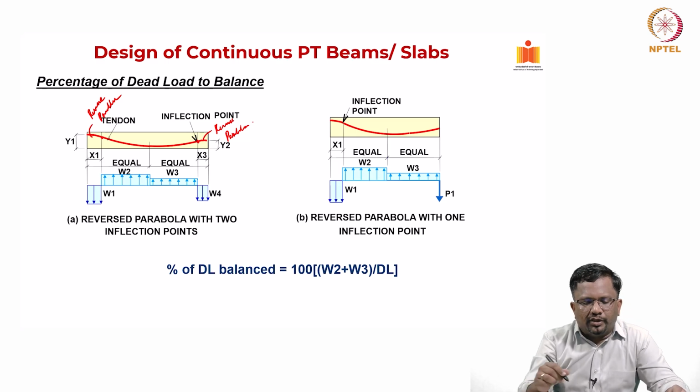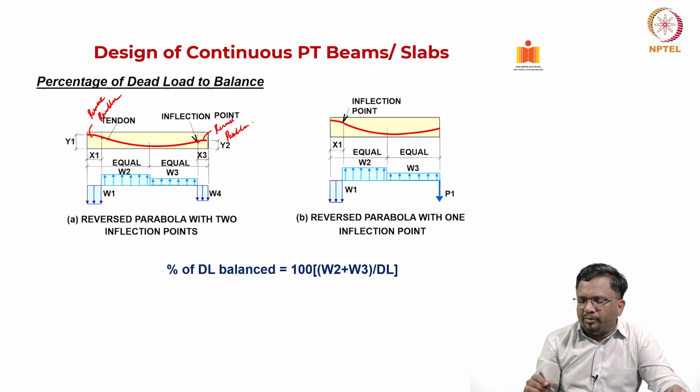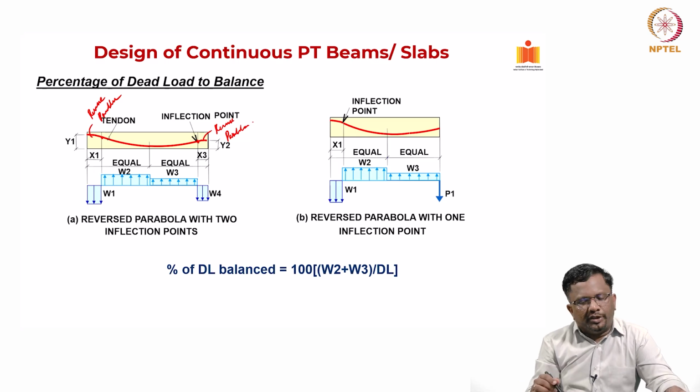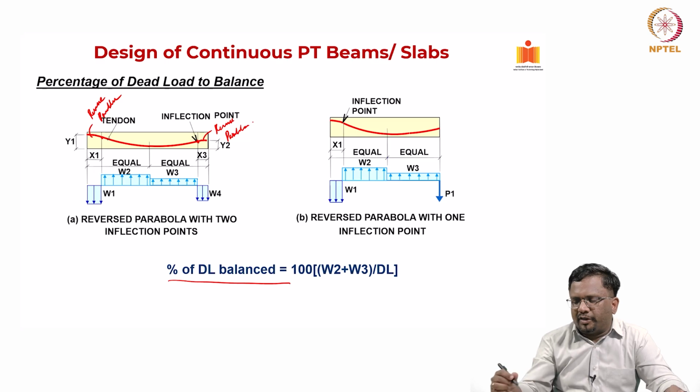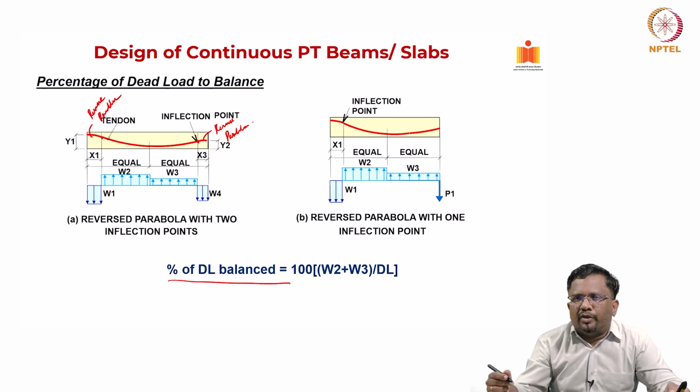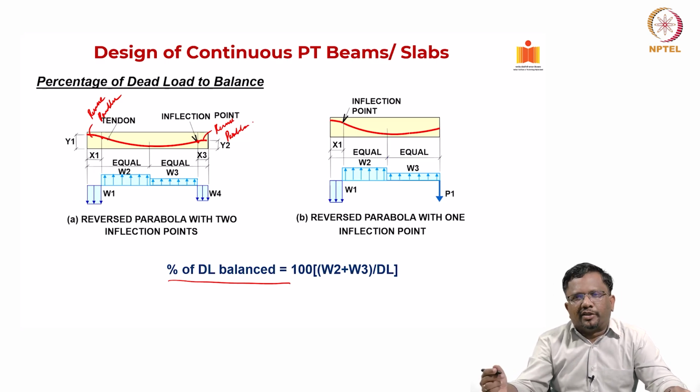So, this is the load that we can apply, right. So, we need to make sure that we choose the P and the drape in such a way that 100% of the dead load is balanced typically. Okay. This again depends upon your design requirement. For typical PT slabs, at least we try to balance about 100% of the dead load, right?